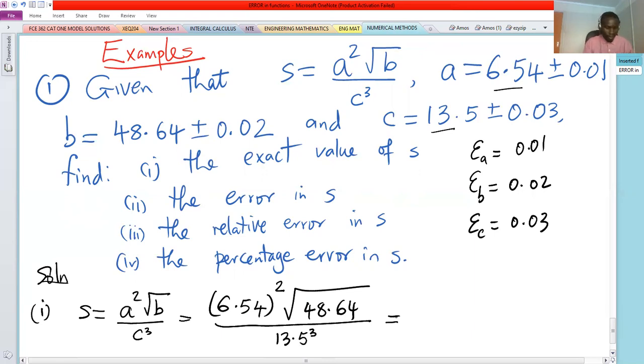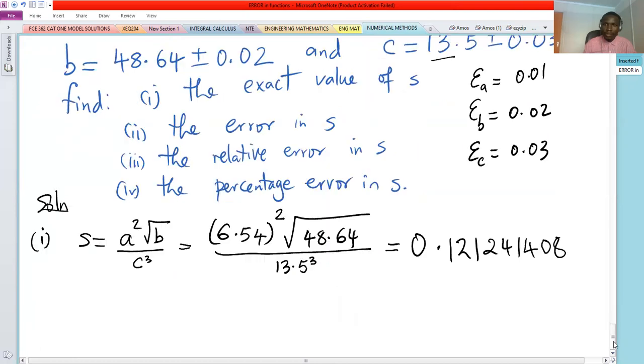So we'll have 6.54 squared times square root of 48.64 divided by 13.5 power 3. The answer is 0.121241408. That is what we get as the answer to the first part.